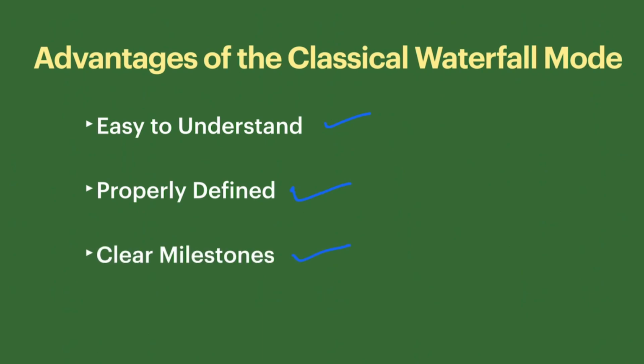Clear milestones means that what to do is already clear in the requirement phase, because all the requirements from the customer are gathered there, so everything is clear before development of the software.